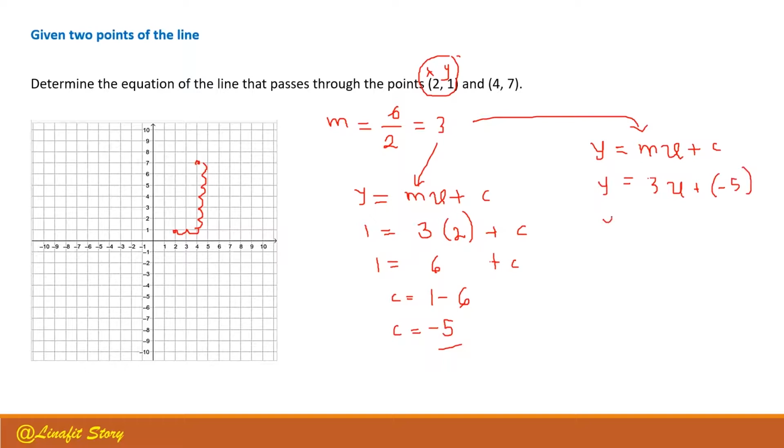So y is equal to 3x minus 5. If we had instead used the point (4, 7) and the same gradient 3, we would have obtained the same equation, y is equal to 3x minus 5.